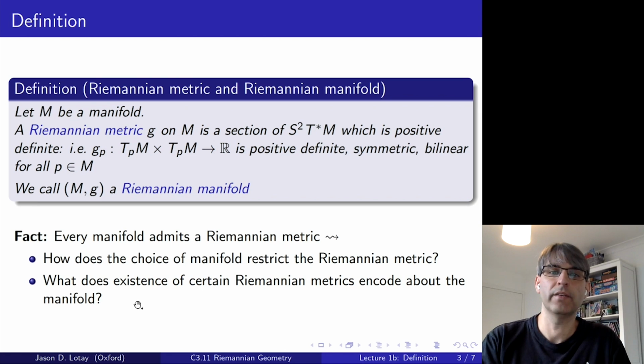And the converse to that is, suppose that I have some certain type of Riemannian metric on my manifold, what does that tell me about the manifold? And these are the central questions that are going to guide us throughout this course. We want to understand the interaction between just the differentiable manifold structure and the choice of Riemannian metrics that we can put on it.